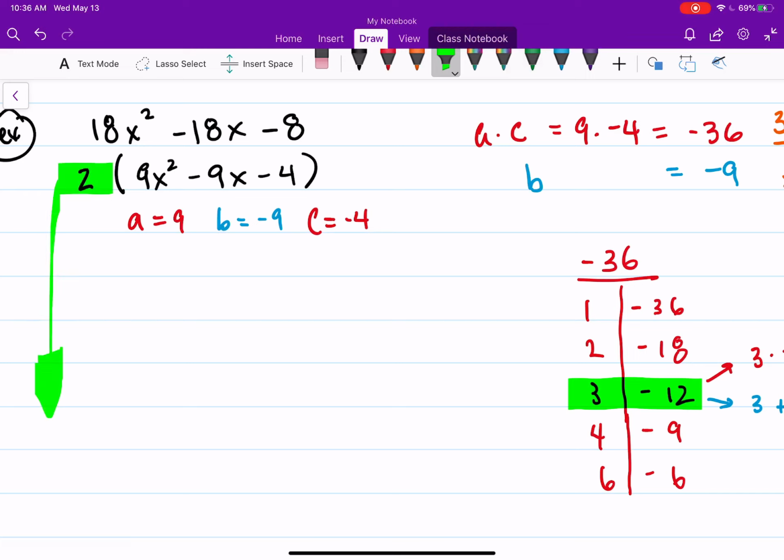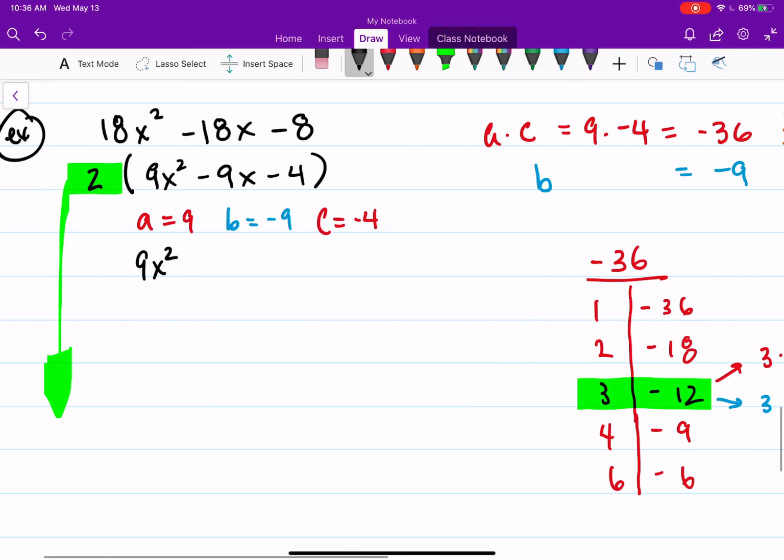So let's go from here. I got 9x squared plus 3x minus 12x minus 4. Okay? Now you're going to be like, well, could we do it as 9x squared minus 12x plus 3x minus 4?